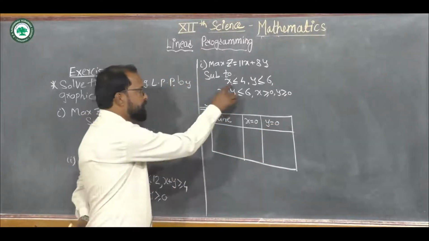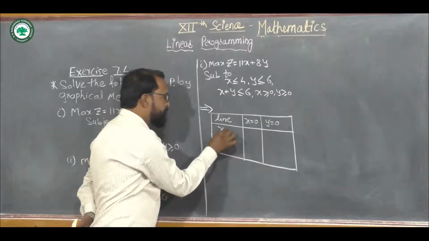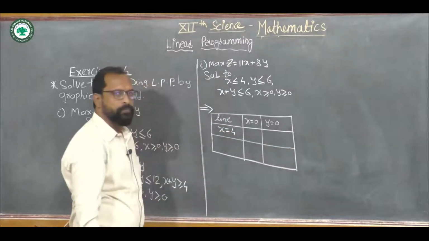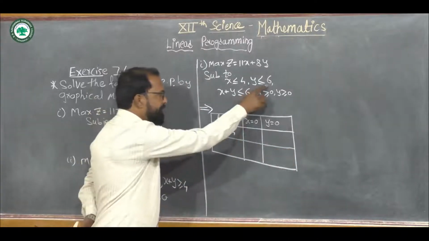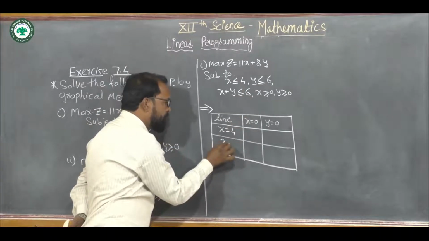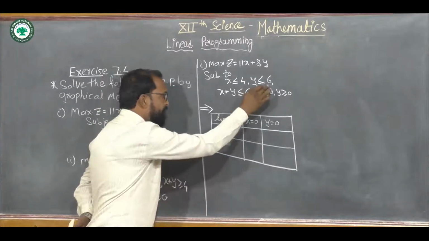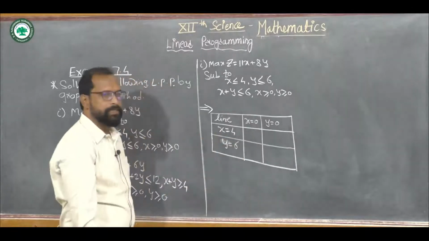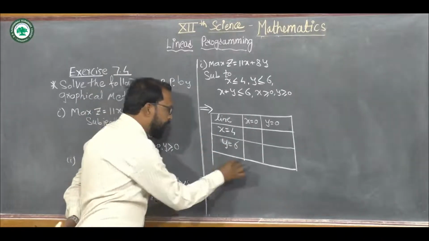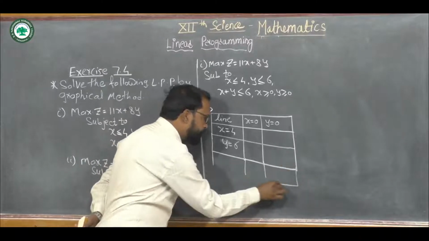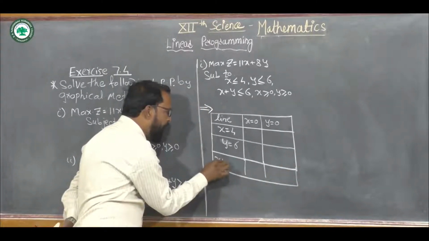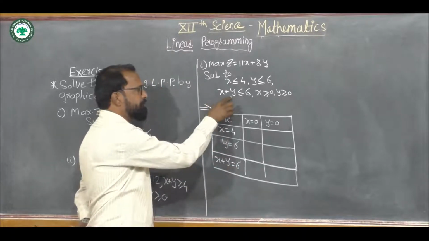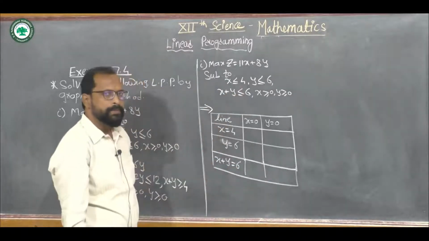Now the first constraint is x is less than or equals to 4, so the corresponding line is x equals to 4. Next one is y is less than or equals to 6, so the next line is y equals to 6. And the third line is x plus y equals to 6, because the constraint is x plus y is less than or equals to 6.